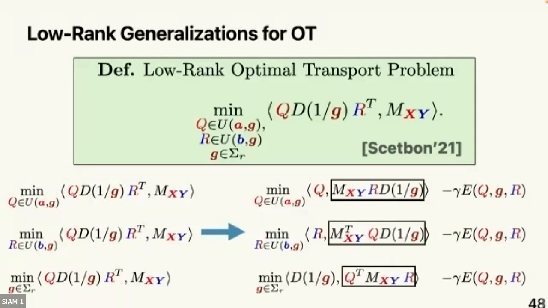And to give you a hint of how we do this numerically, we actually still fall back on some notion of regularized optimal transport for computations, because we add some notion of entropy on each of the components Q, R, and G.